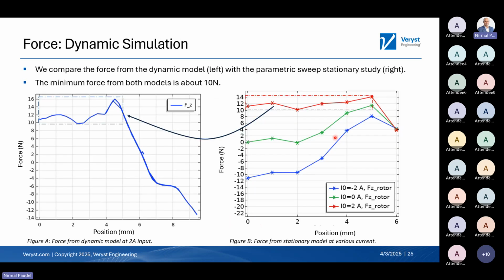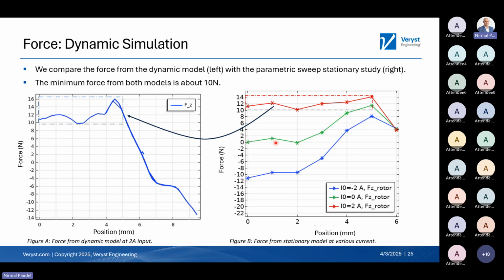On the right-hand side is the force from the stationary model using a parametric sweep optimization problem, where we vary the current from -2, 0, and 2. When the current is 0, the green line in the middle is the force by the magnet. Initially, the force on the rotor side, or the plunger, is very minimal, because it's symmetric and there is no force.